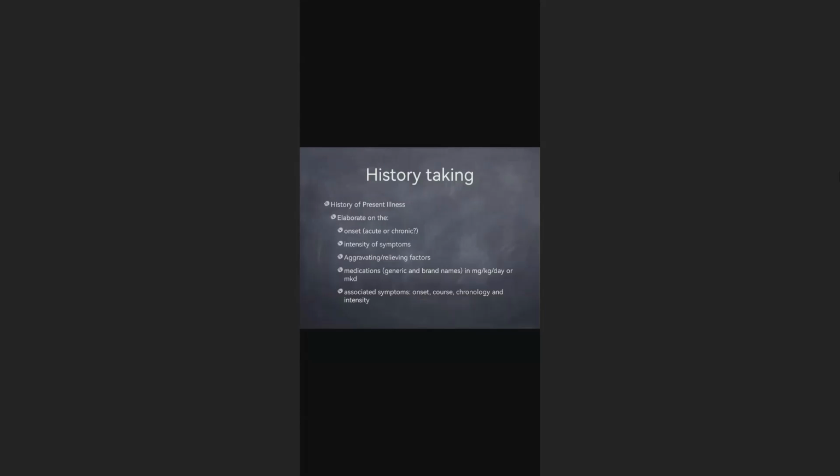So in the history of present illness, we elaborate on the onset of the disease. Is it acute onset or is it chronic? Because we also have chronic diseases like leukemia or vasculitis. They have chronic symptoms and the intensity of symptoms. We also have the aggravating or the relieving factors, which is important in diagnosing the patient.